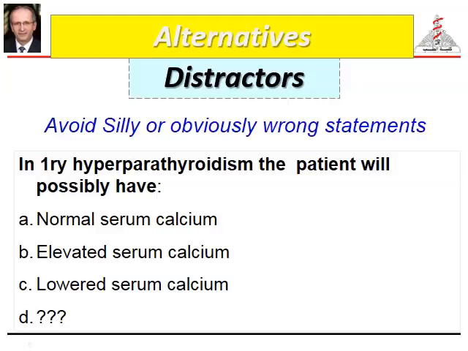You cannot have options other than normal serum calcium, elevated serum calcium, or lower serum calcium. Unless you combine serum calcium level with another parameter, any proposed distractor for D will be either silly or out of context.